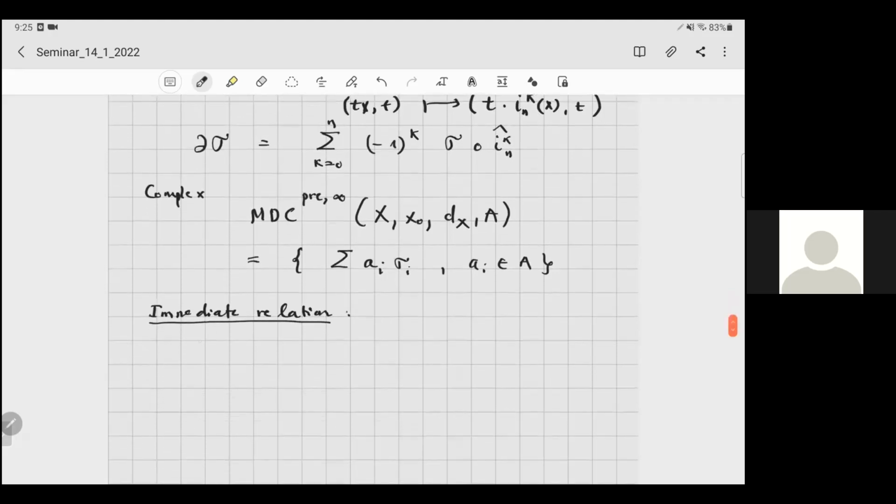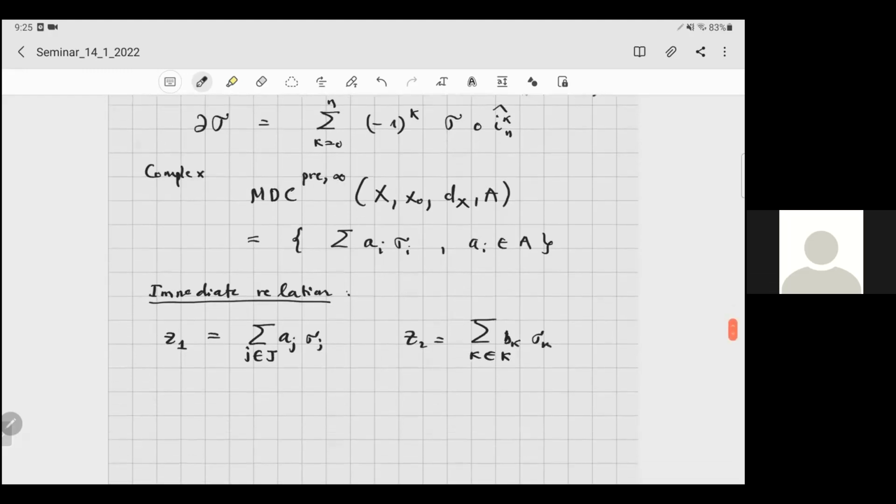So I take two given chains, z1 equals sum of a_j sigma_j, with j belonging to J, and z2 equal to sum of b_k sigma_k, with k belonging to K, two chains in this complex.